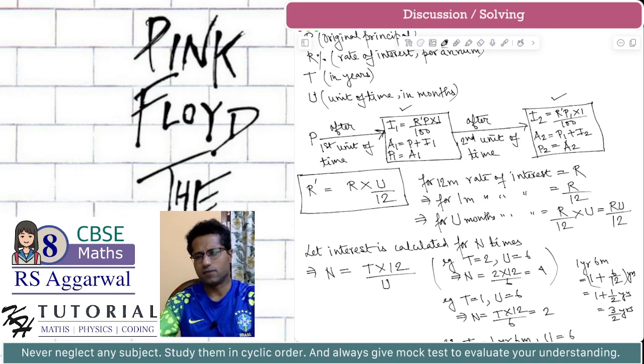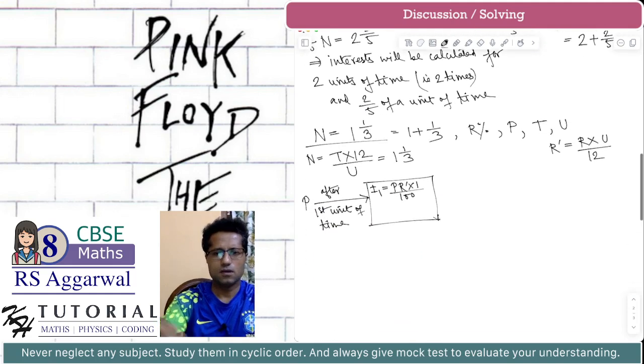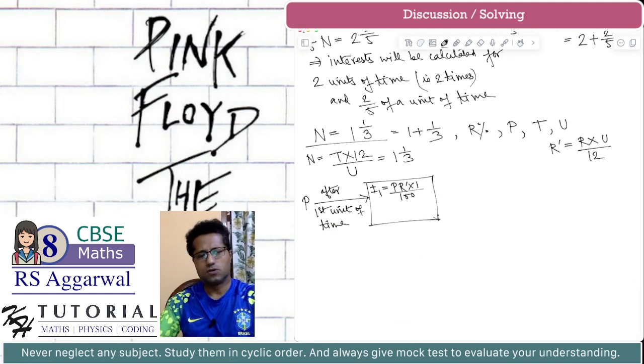So in the second box also, in the calculation of I2 also, we are using multiplied by 1. Why 1? Because we are again calculating the interest after 1 complete unit of time. Now, so we have n is equal to 1 plus 1 by 3. So the 1 means 1 unit of time and 1 by 3 means 1/3 of a unit of time.